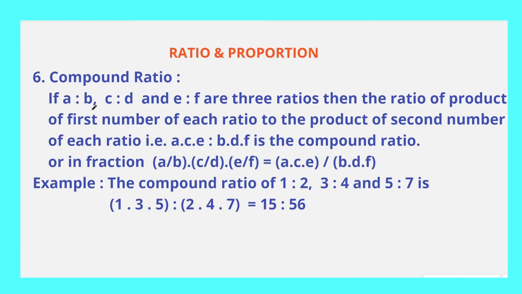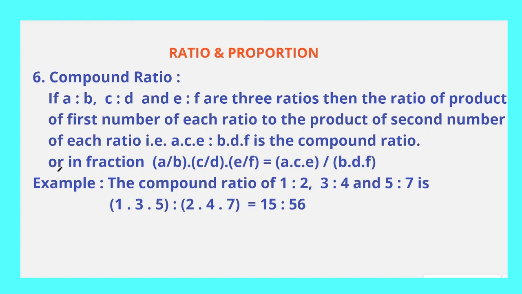If A/B, C/D and E/F are three ratios, then the ratio of the product of the first number of each ratio to the product of the second number of each ratio, that is A multiplied by C multiplied by E ratio B multiplied by D multiplied by F, is the compound ratio.